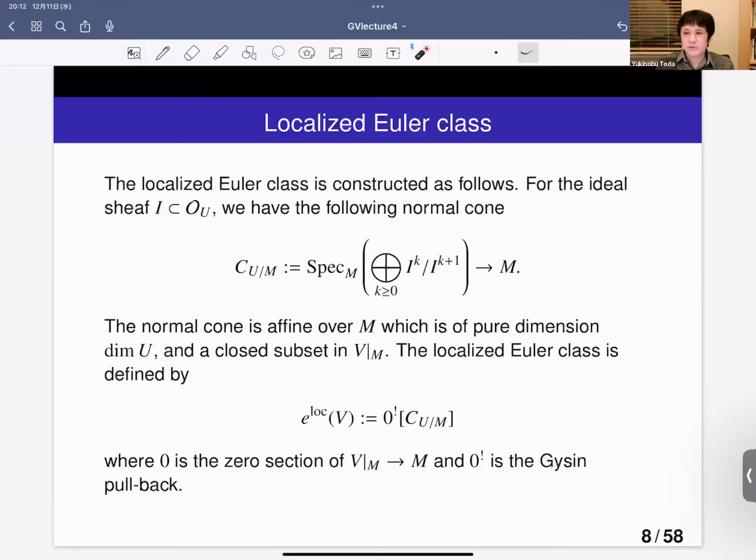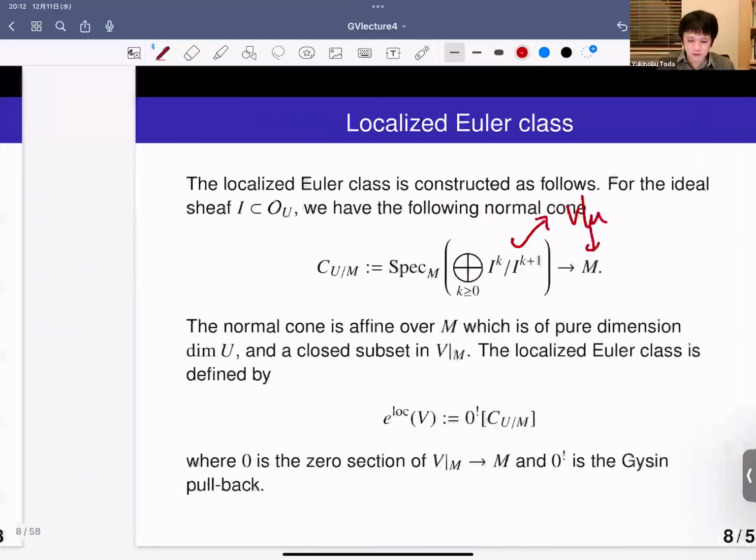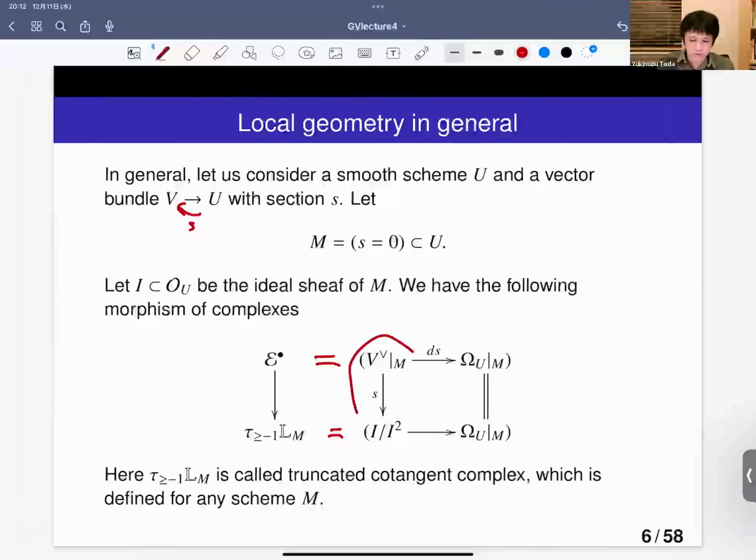But in general, if M is singular, this is not a bundle, and this is just a cone. But nevertheless, this normal cone is affine over M, and it is of pure dimension dim U. And in fact, this is a closed subset of the vector bundle V restricted to M. This follows from the surjection in this diagram.